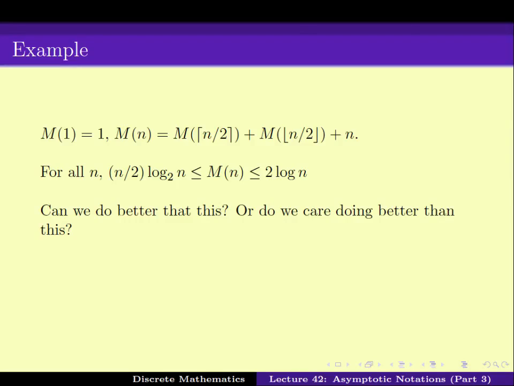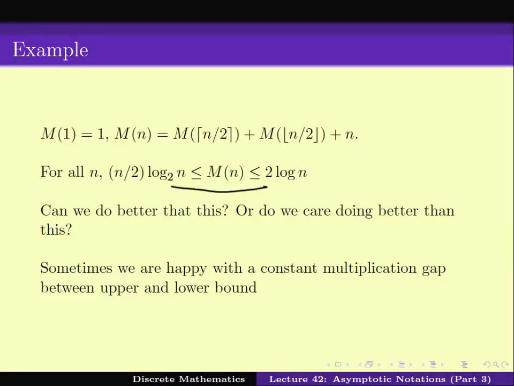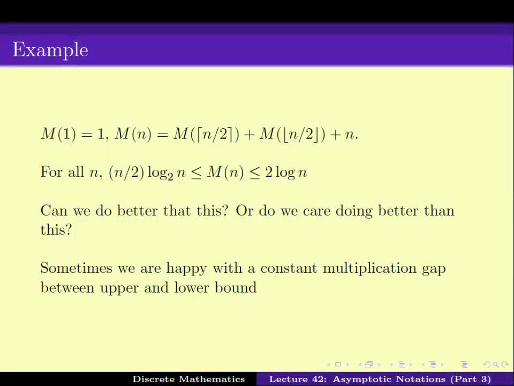So we could not guess the actual value of m(n), but we could upper bound m(n) by some value, lower bound m(n) by some value, and these two values were not too far from each other. Sometimes this gap that is there between the upper bound and lower bound, which is the 4 times gap, is small enough that we don't care about improving it.